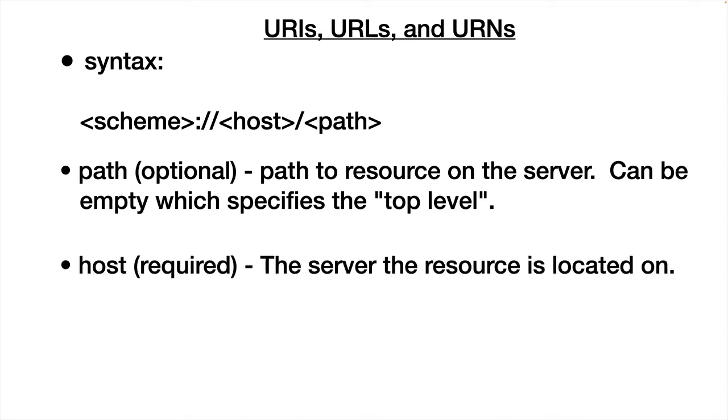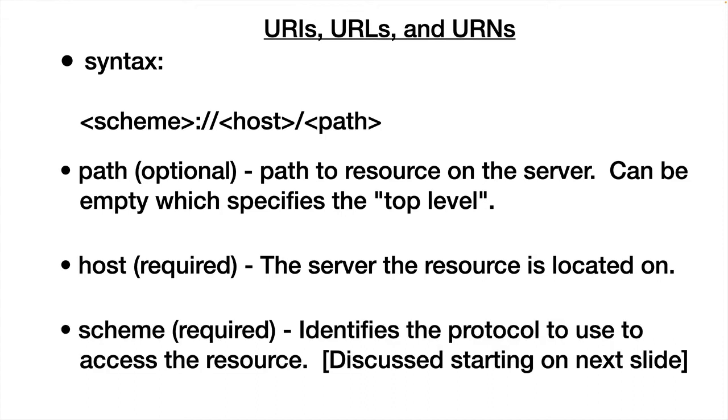The host or the server is required. This is the server that you want to connect to, to access the document or program that you're looking for. And then the scheme is required. And in the example from the previous one, of course, the scheme was HTTP.